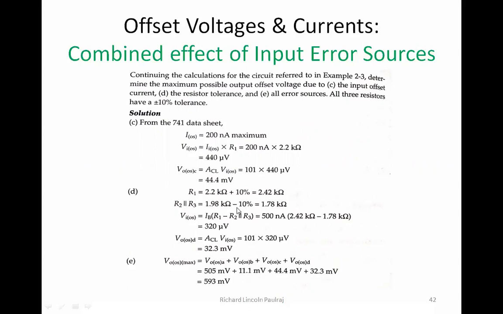Then if I take 10% of this and subtract, it's going to be about 1.98 or something of that sort, minus 0.22. So I am taking the tolerances here into consideration.